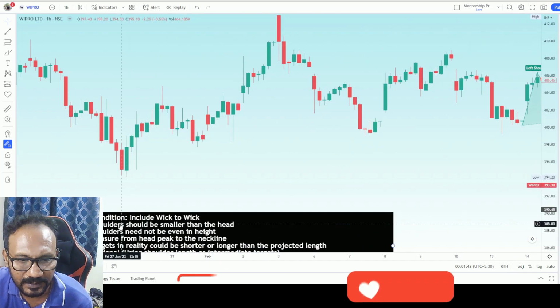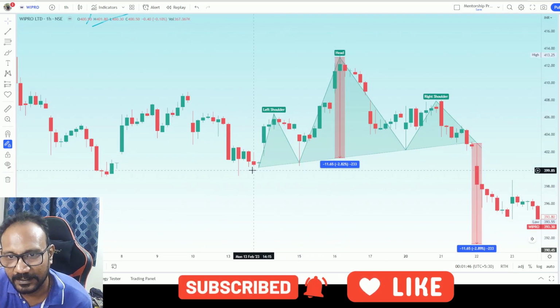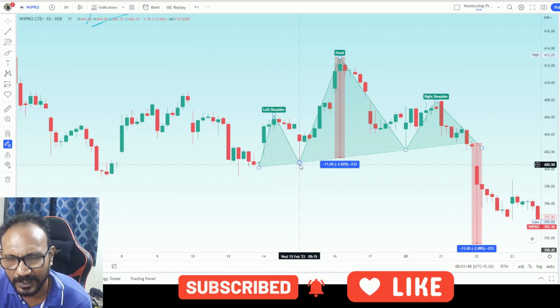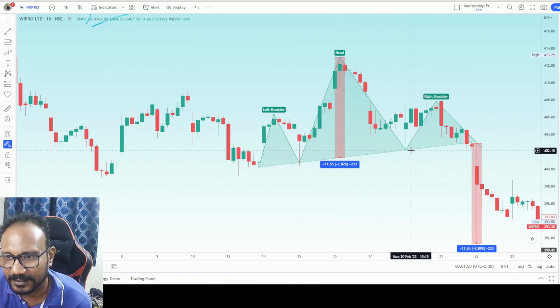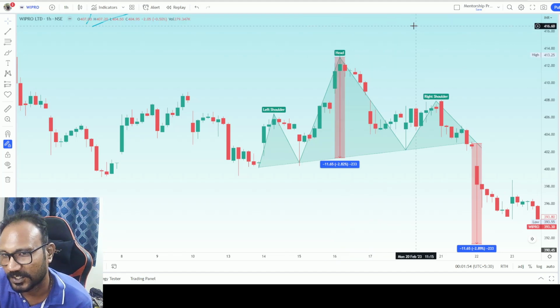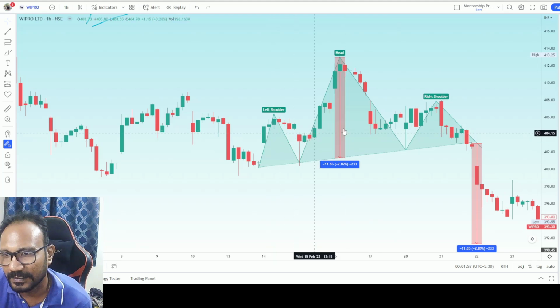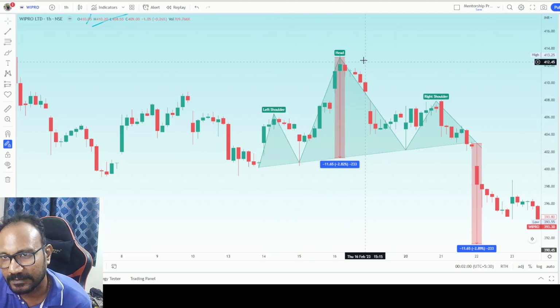Second thing is that the shoulder should be smaller than the head. It can never happen that the left shoulder is like this and then the head is like this, equal to this length or above that. No, that's not a head and shoulder pattern. A head and shoulder pattern clearly will look like this, distinctively the head will be much bigger than the shoulders.